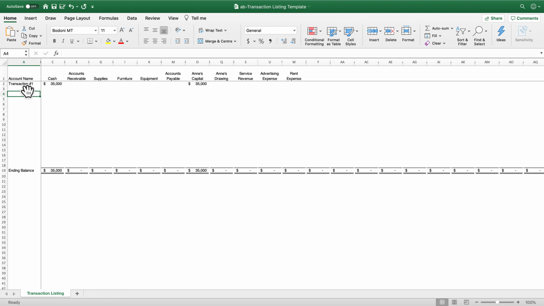So we're going to do transaction number 2. I'm just going to copy this real quick so I can copy and paste it. Transaction number 2.